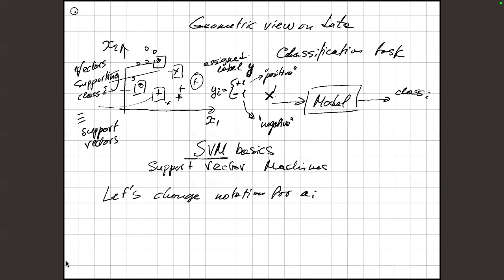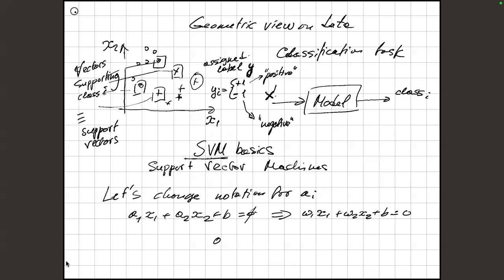We had A1x1 plus A2x2 plus B. We change it to W1x1 plus W2x2 plus B equals 0.